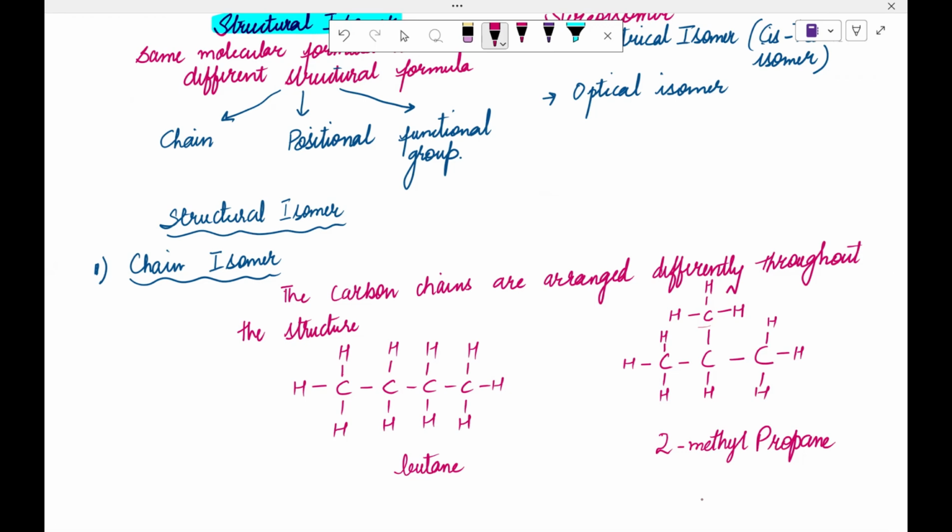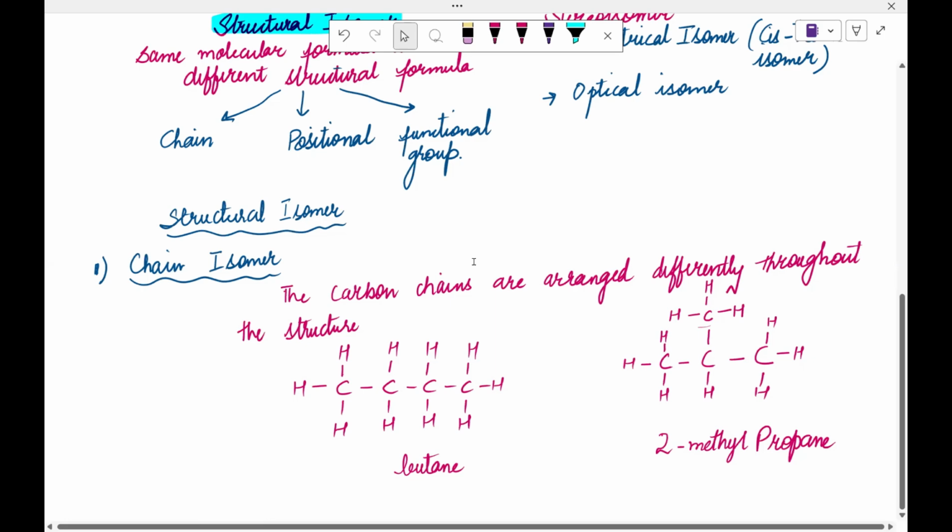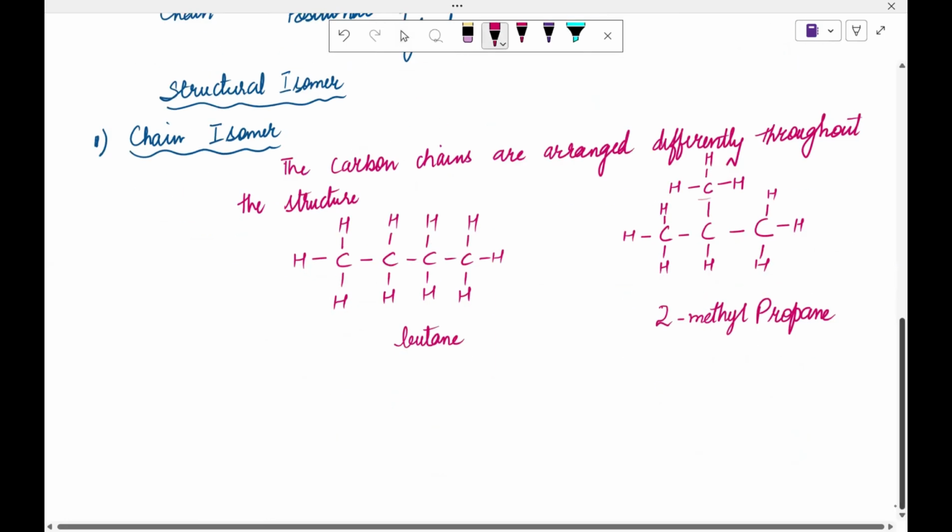So the number of carbon atoms on the main chain is three, and on the branch there is one carbon atom. Although they have the same molecular formula, their structure is basically different. So this is an example of chain isomer.